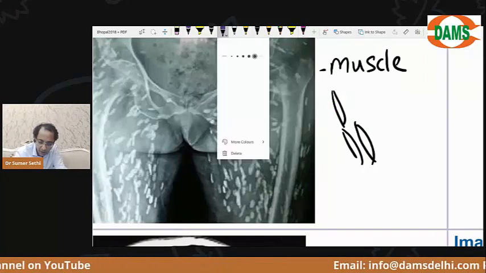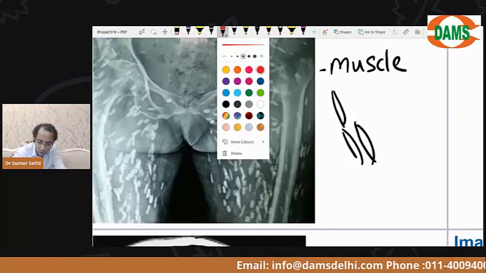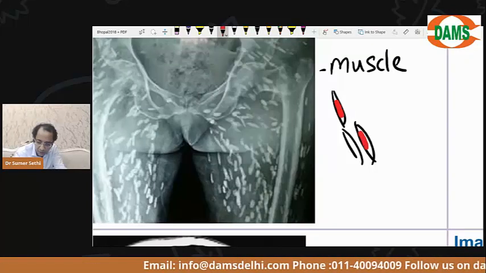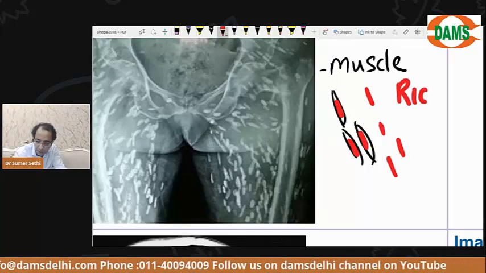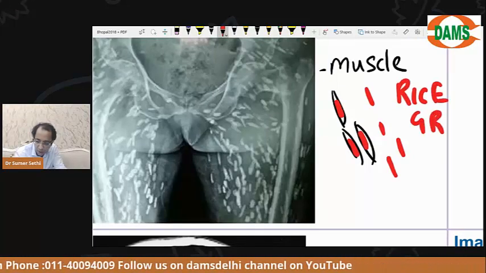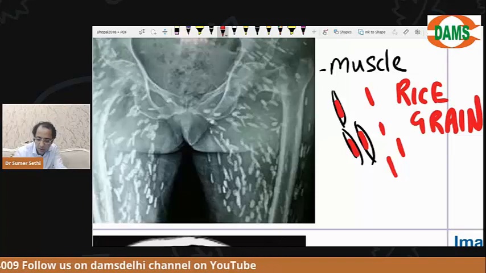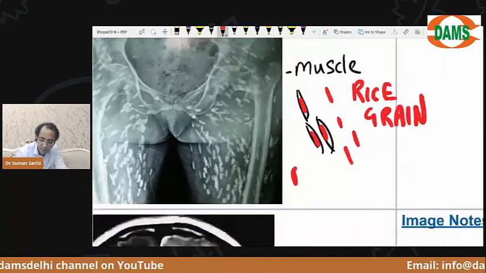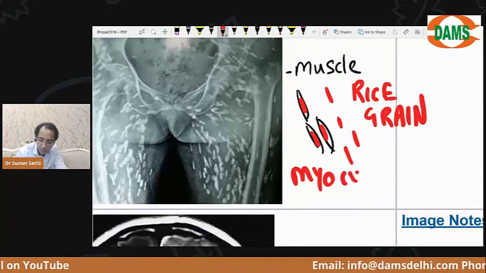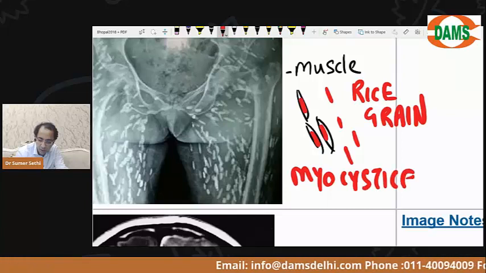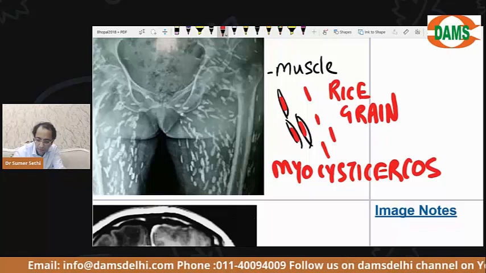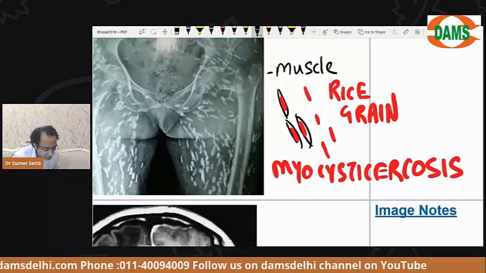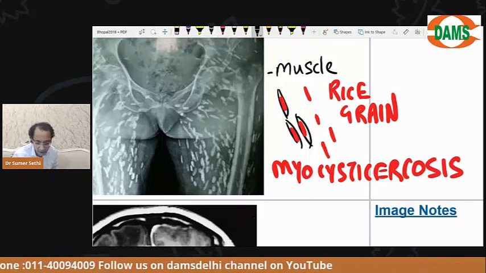This is called rice grain appearance. This is the rice grain calcification that you see in myocysticercosis. Are you clear? In myocysticercosis, you will have rice grain appearance. This is how it looks.